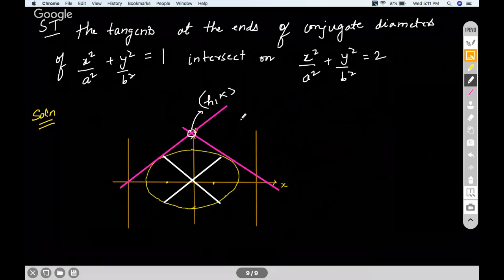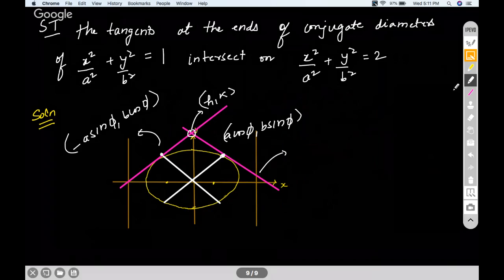Right? So guys, pretty simple. Let's say this point is a cos phi comma b sin phi. Then this point here would be minus a sin phi comma b cos phi. Okay, let's write down the equation of the tangent at this point.